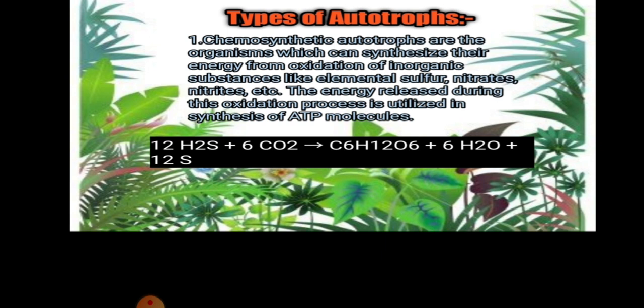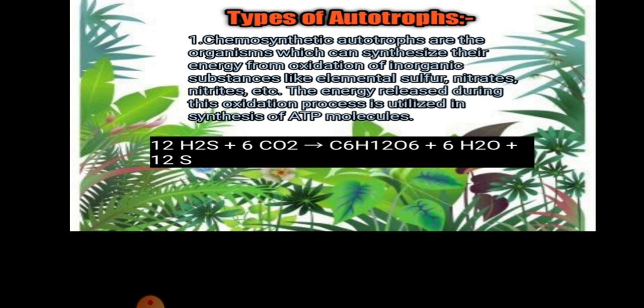So in case of chemosynthetic autotrophs, they are not dependent on light for synthesizing their energy, but rather they are dependent on very basic elemental chemicals, and through those chemicals they break down those chemicals and they are capable of releasing ATP, which is the energy currency of the cell.